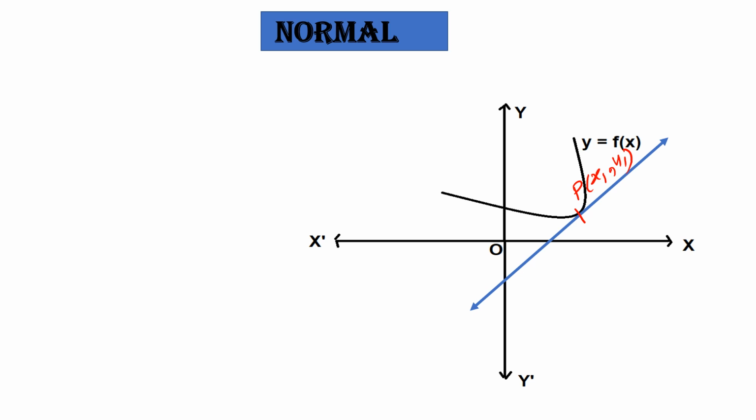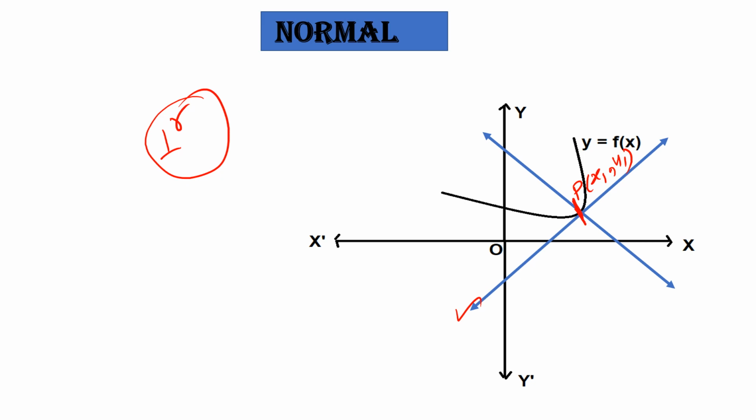Of course, for this tangent line, we can draw an infinite number of perpendicular lines. Out of these perpendicular lines, only one line is passing through the point of contact. That line will be the normal line. So the normal line is a line which is perpendicular to the tangent through the point of contact.